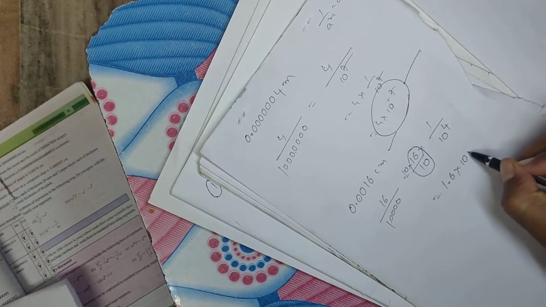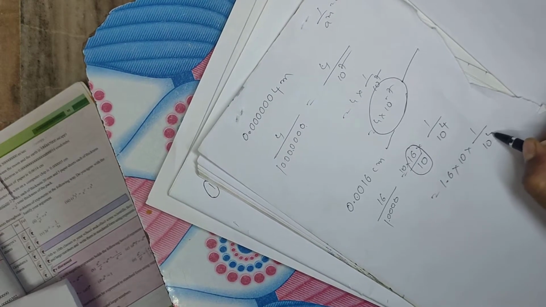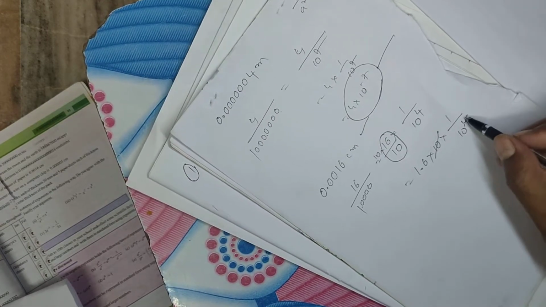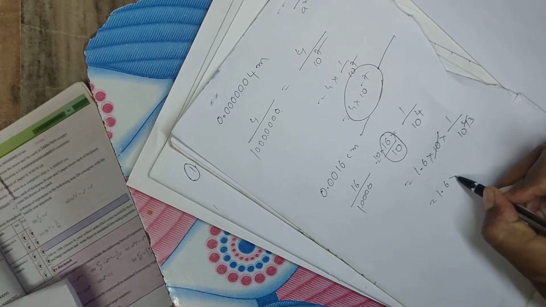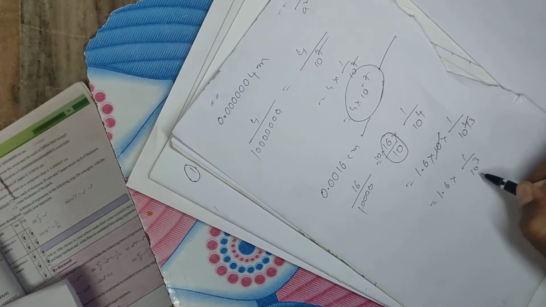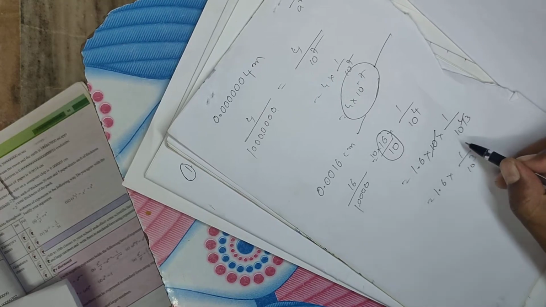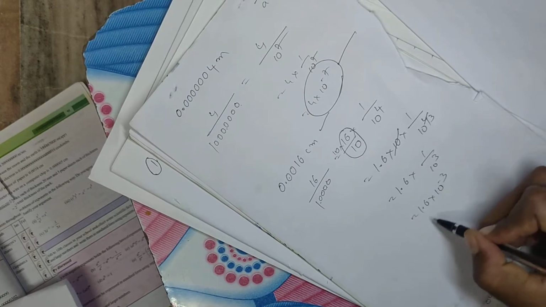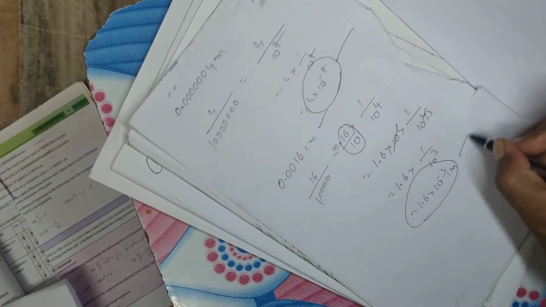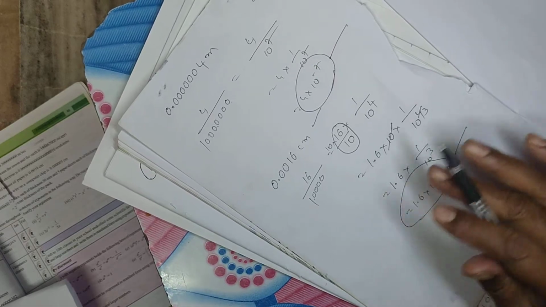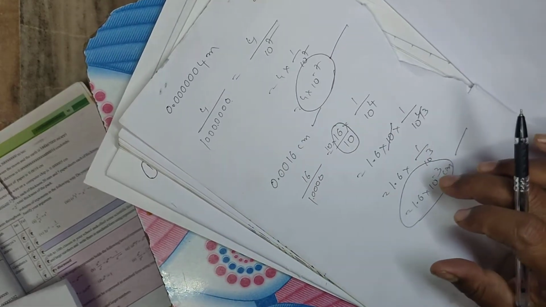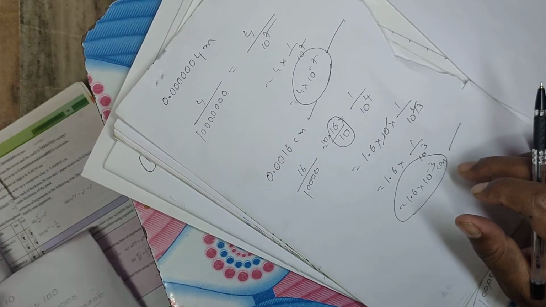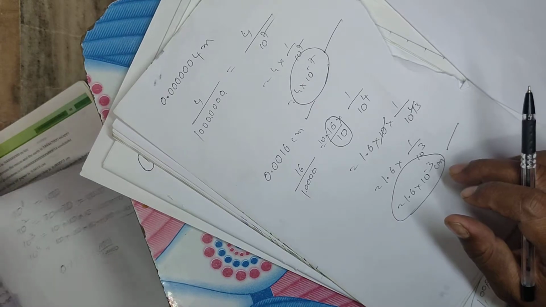This 10 is in the numerator and 10 power 4 is in the denominator. So one 10 goes, and 10 cube remains. So 1.6 into 1 by 10 cube. If 1 by 10 cube goes to the numerator, it becomes 1.6 into 10 to the power of minus 3 centimeters. So like this we can convert usual form to standard form. The remaining questions are all the same.